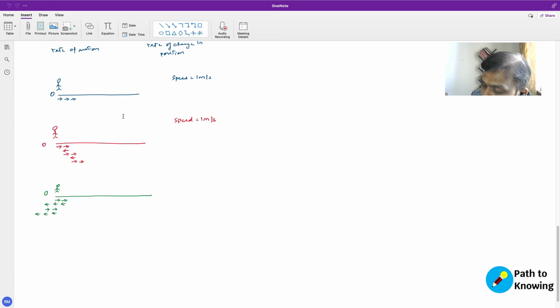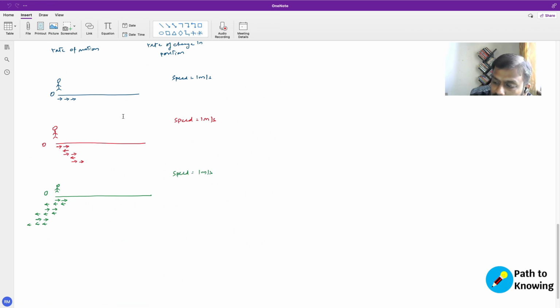And it goes like this. In this scenario, the speed of this person is also 1 meter per second.